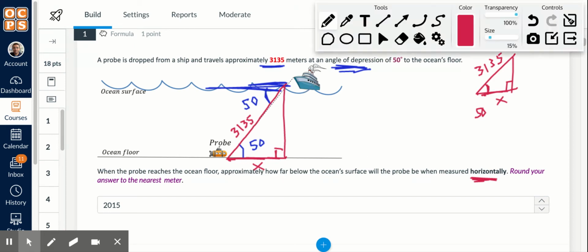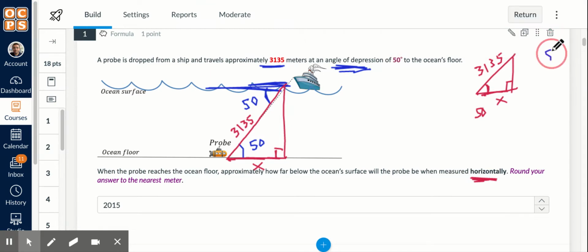Now, how can I find the x? So the whole idea is to relate. So let's relate. SOH CAH TOA. I gotta relate that information.